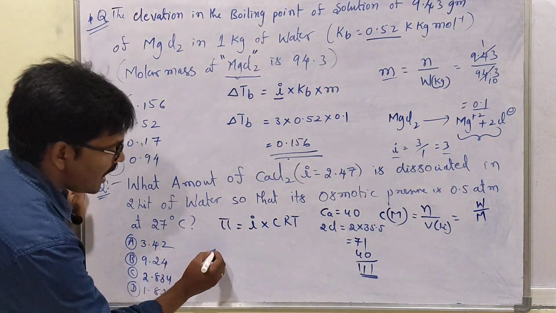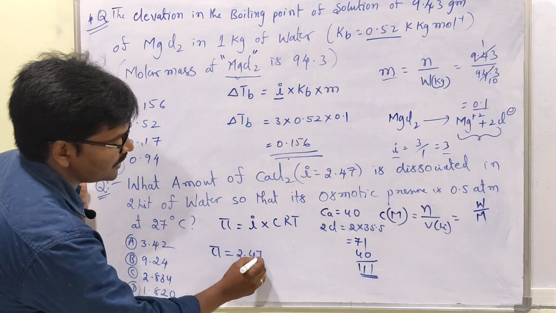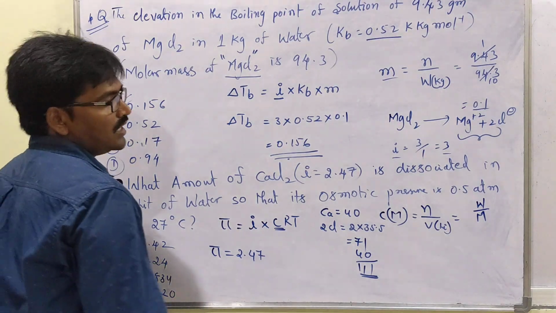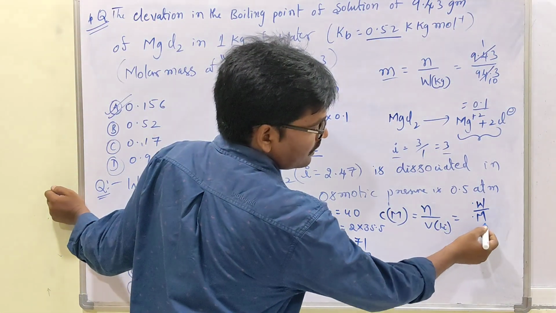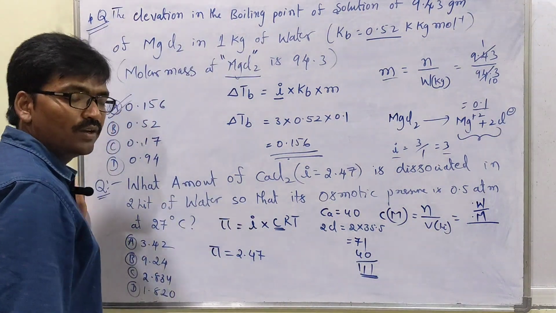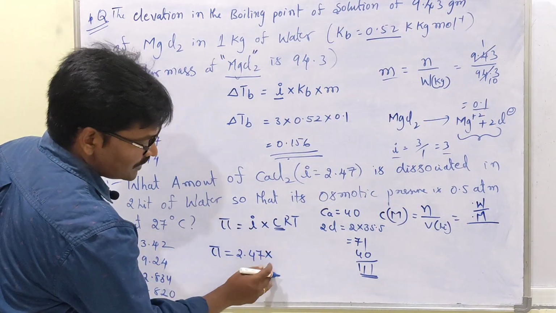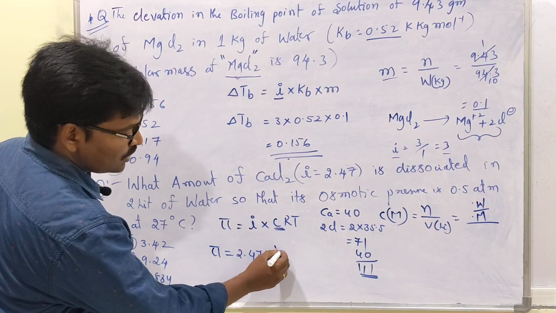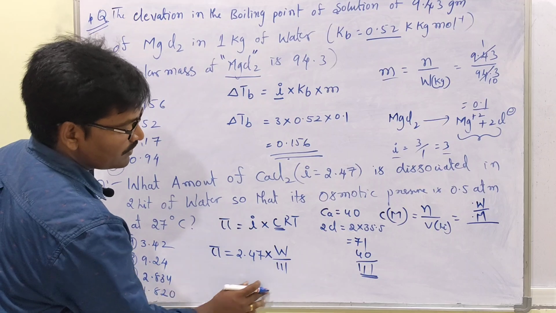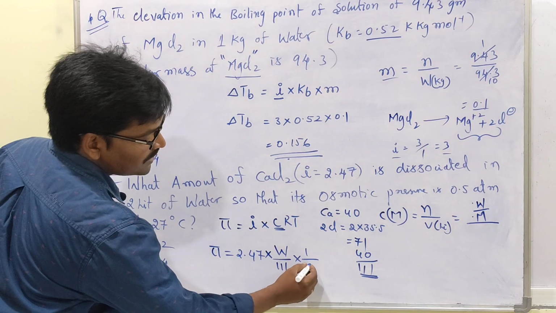So pi equals the i value, which is already given as 2.47. Then for concentration, I told you to take number of moles, weight divided by molecular weight, divided by volume in liters. Volume is 2 liters. Weight divided by molecular weight, the weight is what you have to find out. Molecular weight is 111, then into 1 divided by volume in liters, which is 2.